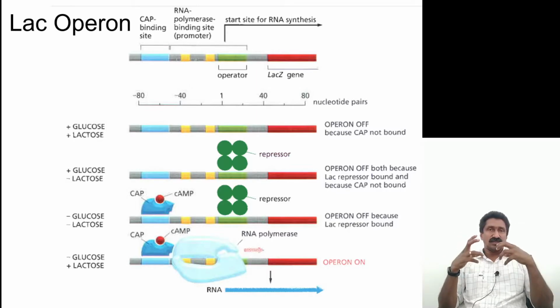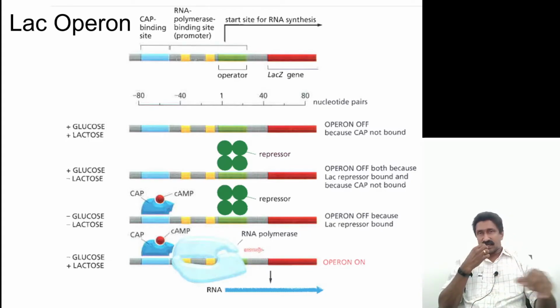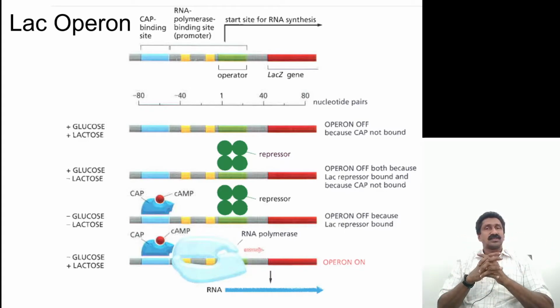So according to the lac operon concept, both positive and negative regulation mechanisms are present, and it recognizes these external stimuli, the presence of lactose and absence of glucose, using these positive and negative regulation mechanisms. Then finally the RNA transcript is produced.